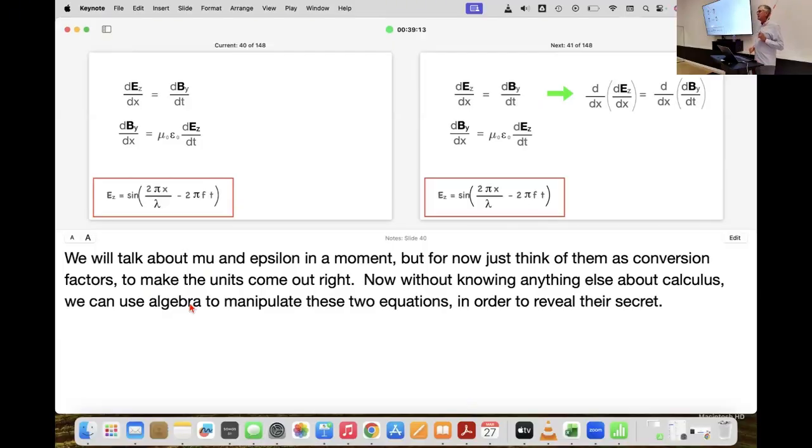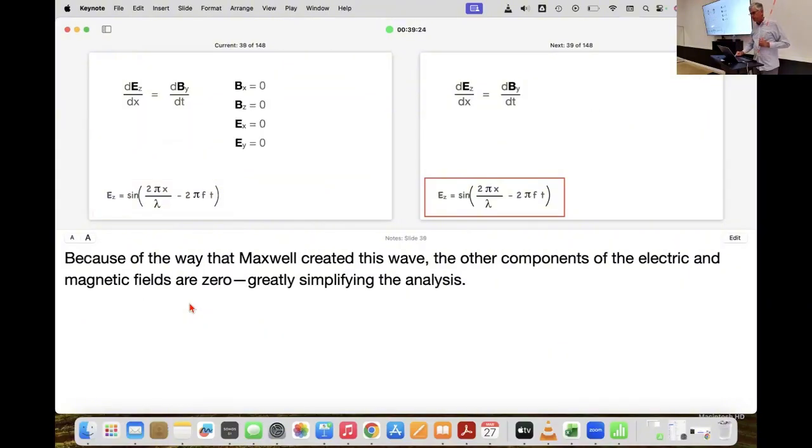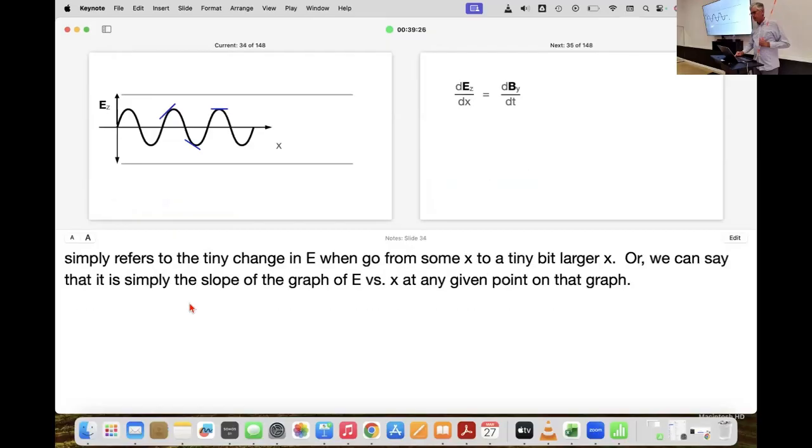What does the x stand for? Yeah, as in dx? Yeah, that's the x dimension. So if you go back, here we have the x dimension, and that's the direction it's propagating in. And so for this to make sense, you have to imagine time is frozen for a moment.